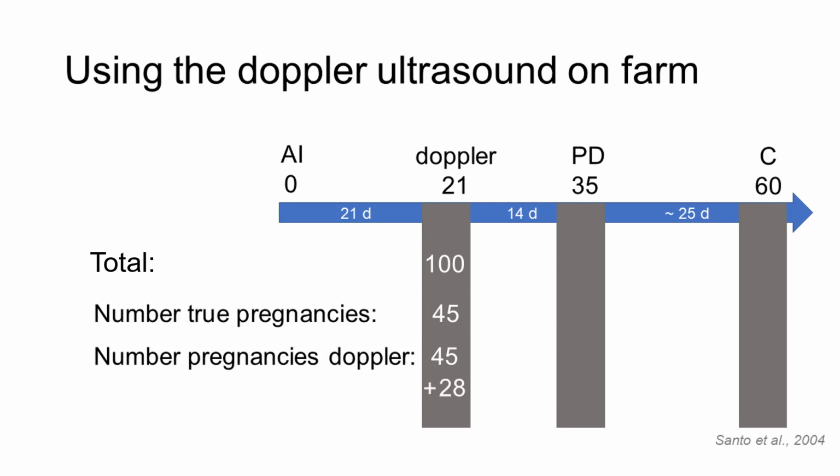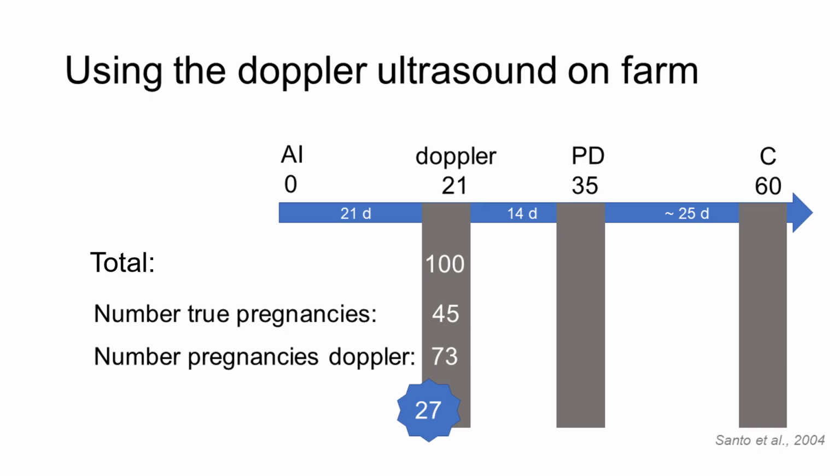However, as the specificity is approximately 50%, you will also identify 28 non-pregnant cows as potentially pregnant. At day 21 post-insemination, you will consequently identify 73 of the 100 examined cows as potentially pregnant. Note here that you would also identify 27 non-pregnant cows.